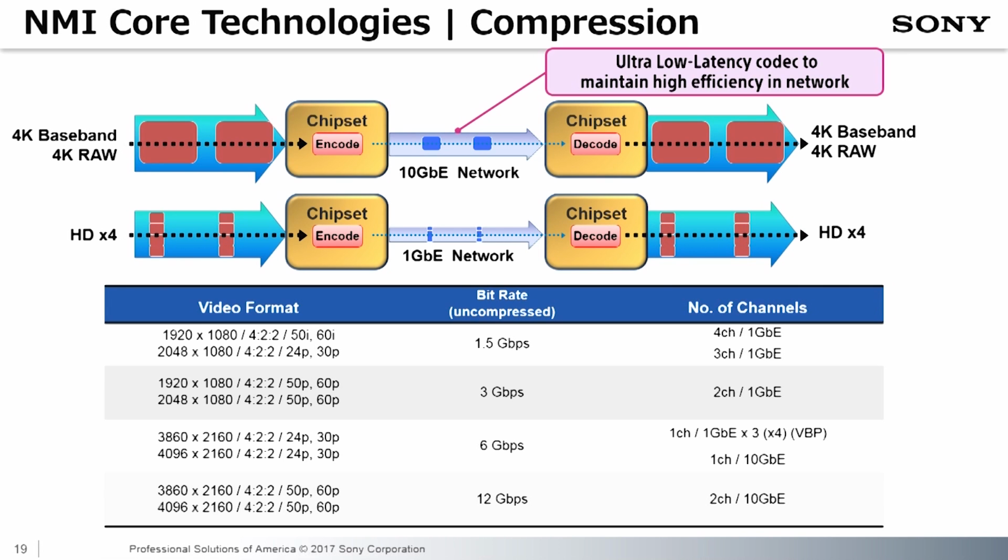Now, if you look at the dynamic of 4K, for example, in today's world where you need 4 3G SDI cables to transmit one uncompressed 4K signal, with LLVC turned on across a 10 gig pipe, you're now able to transmit 2 channels of broadcast quality, visually lossless 4K through a 10 gig pipe. That same 10 gig pipe can be used to transmit 40 channels of broadcast quality 1080i video as well.